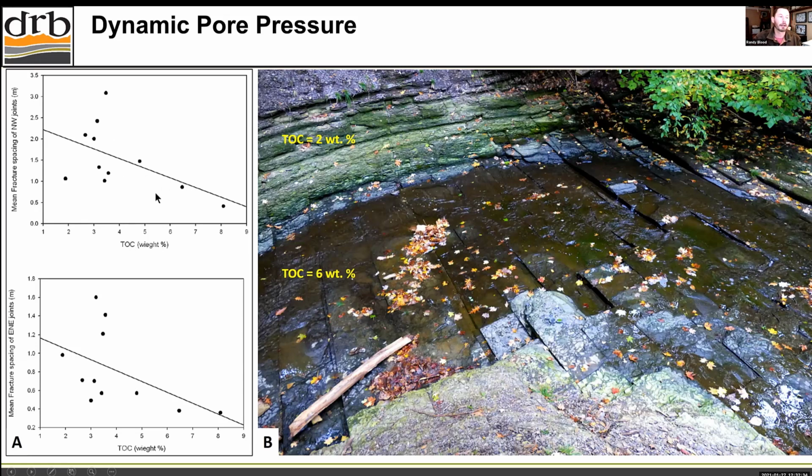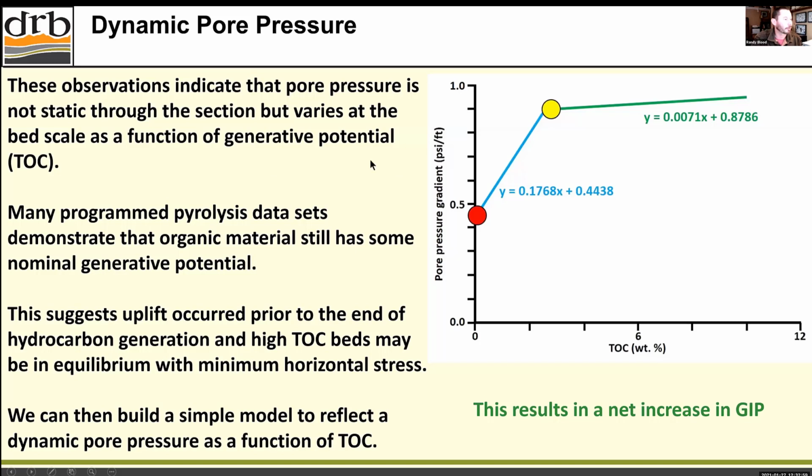So what that's telling us is that the TOC is controlling overpressure within these rocks, that you don't have a constant pressure within an entire Marcellus unit or Rhinestreet or Barnett or whatever you're looking at, but that overpressure is varying as a function of the generative potential of these rocks.